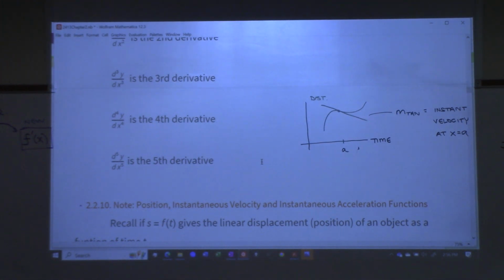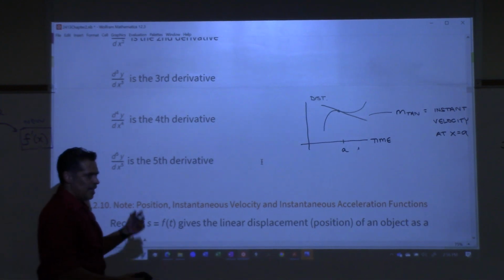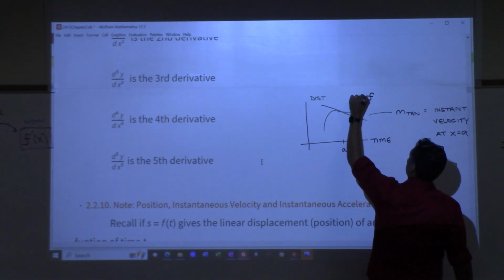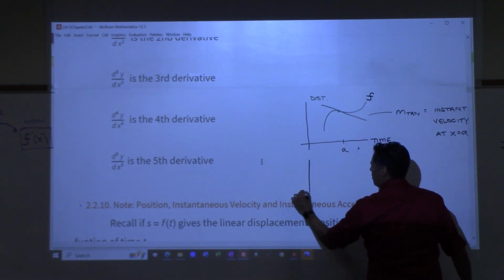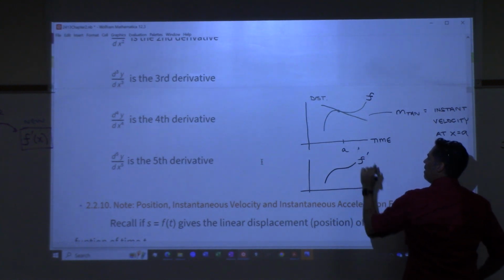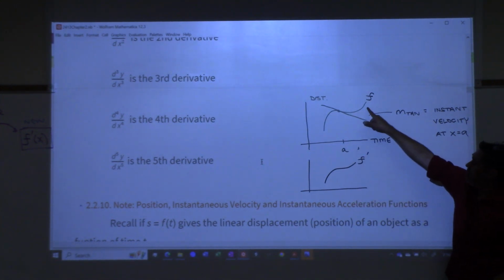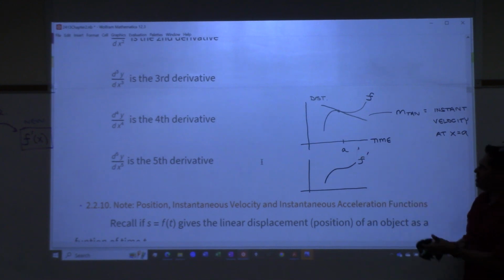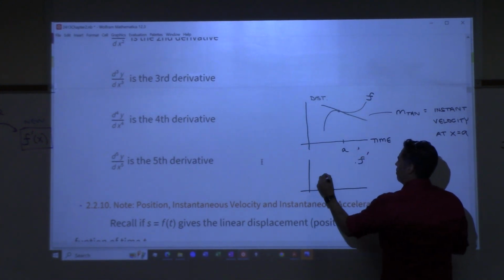That's what the derivative does. The second derivative is the derivative of the derivative. That's the second derivative. So if this function is f, tell me if you understand this or not. What would its derivative be? The graph of its derivative is some graph. It doesn't have to look the same, it looks like whatever.